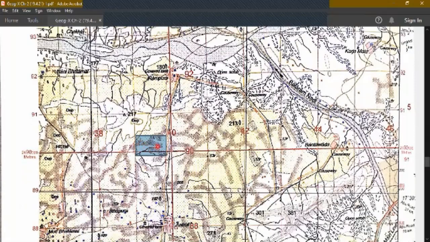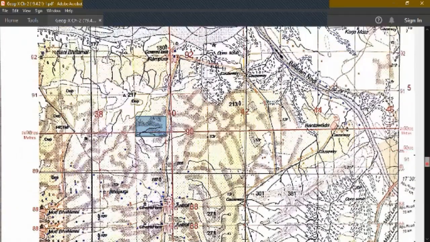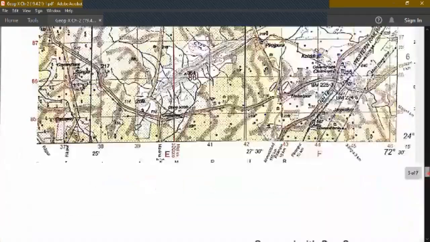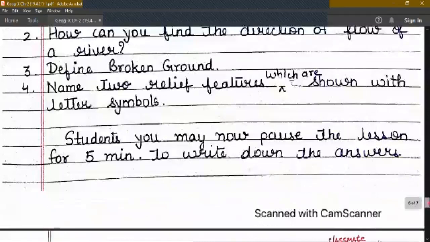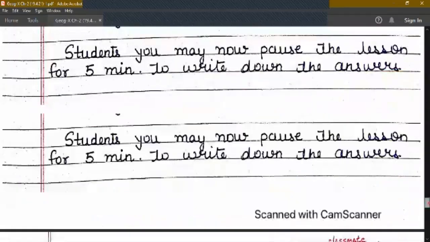It is shown with brown colored dots in a collective way. Collective brown colored dots represent sand dunes. So students, this is all about interpretation of topographical map part 2, or session 2.